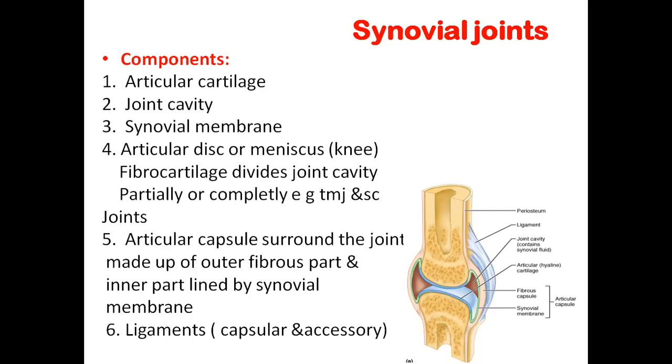The articular capsule of the joint is attached to the bones close to the articular cartilage. This is the articular cartilage, and the synovial membrane was attached here, but here is the attachment of the articular capsule which surrounds the joints.